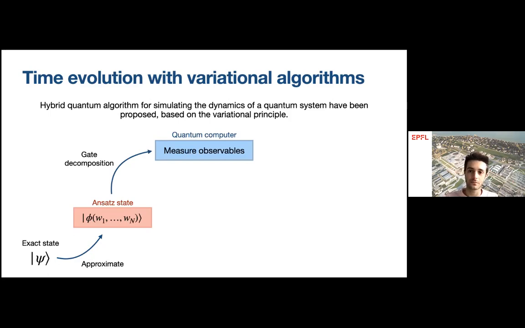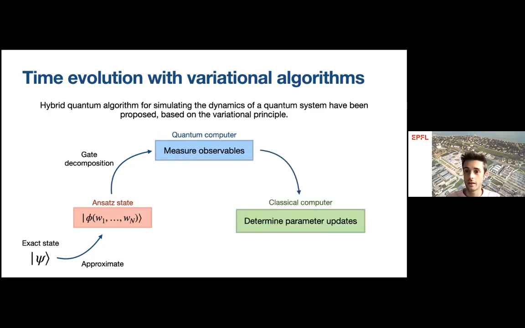And then, with all these quantities measured, we communicate this data to a classical computer that has the role of determining how to update these parameters. So basically, it's going to determine the shift of these parameters or the variation of these parameters, like a derivative with respect to time, or something like this.